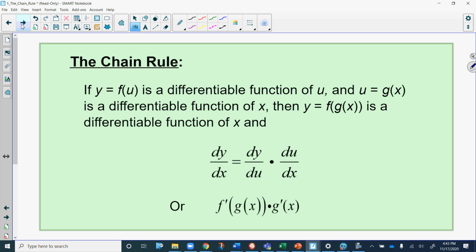So here are the notations that are typically acceptable for the chain rule. This is what you've previously seen in some of your other lessons. The way that I typically look at it is with this. This seems to be more familiar to students, more understandable than the notation above, where we say the derivative of y with respect to x is equal to dy du times du dx.